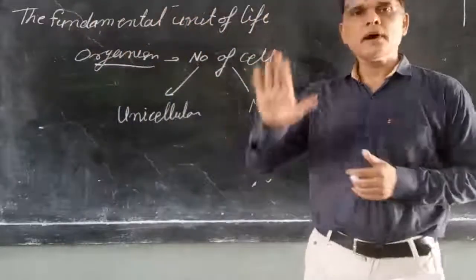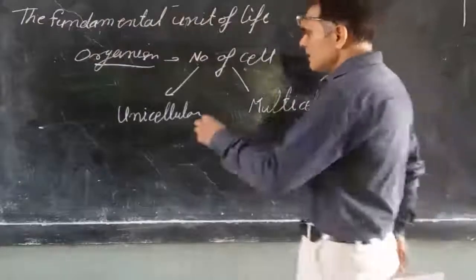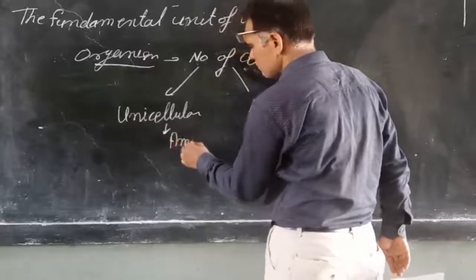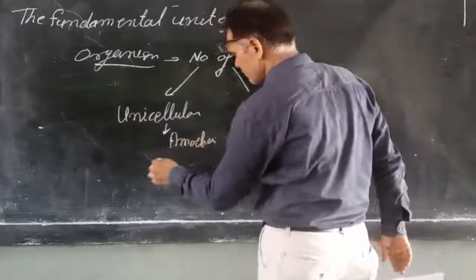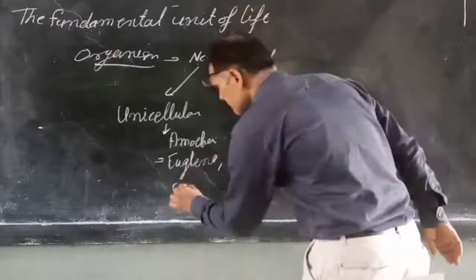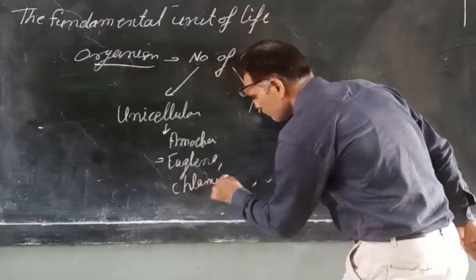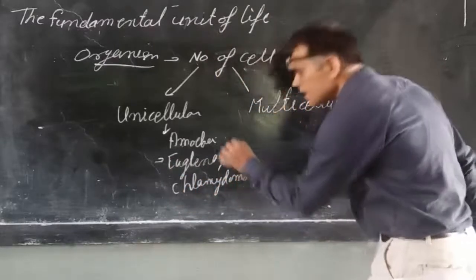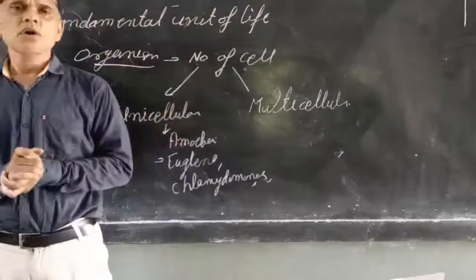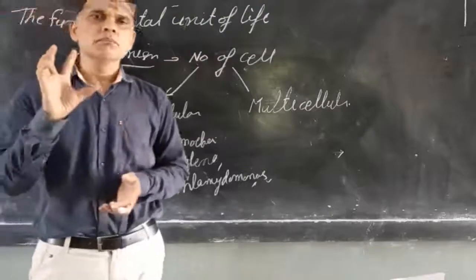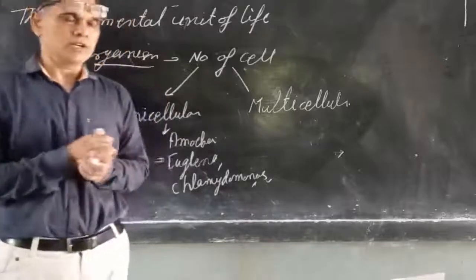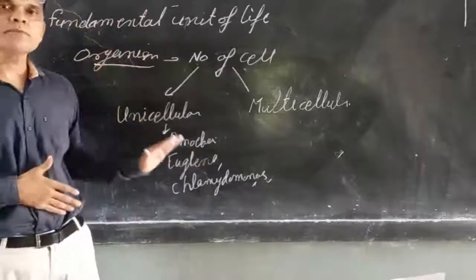Examples of unicellular organisms are amoeba, euglena, chlamydomonas, paramecium, diatoms, or protozoans. All these organisms' bodies are made from one cell. That's why these are known as unicellular, where they perform all the functions from the single cell.